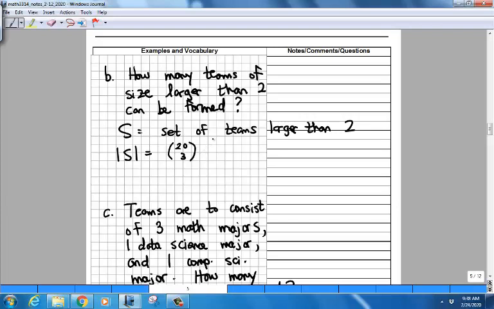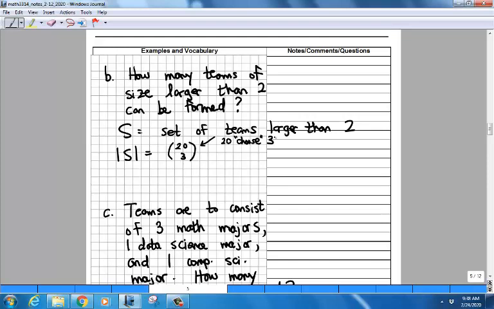I didn't say how to read that off the page: that's 20, and you usually say choose 3. That's a nice way to read it, because from the 20 students, you're choosing 3 of them. 20 choose 3 means all possible ways of doing that.